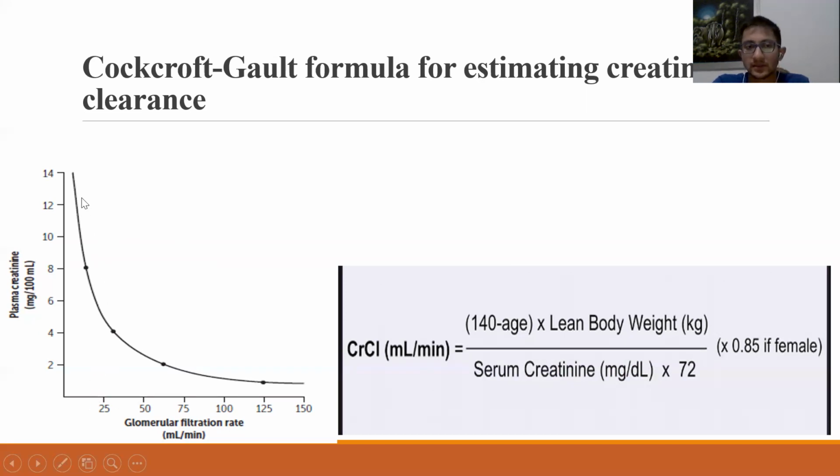And that's why creatinine can be used as a marker for finding the glomerular filtration rate. So when you have kidney failure, the glomerular filtration rate decreases quite a bit. And when you measure the plasma creatinine concentration in a patient with acute kidney failure, you find very high concentrations of blood urea nitrogen and creatinine. So these are the reasons why it's really important.